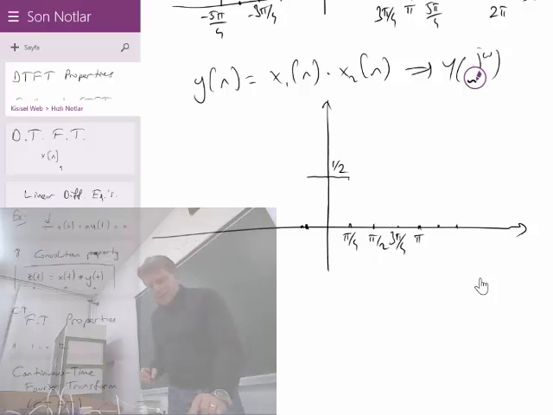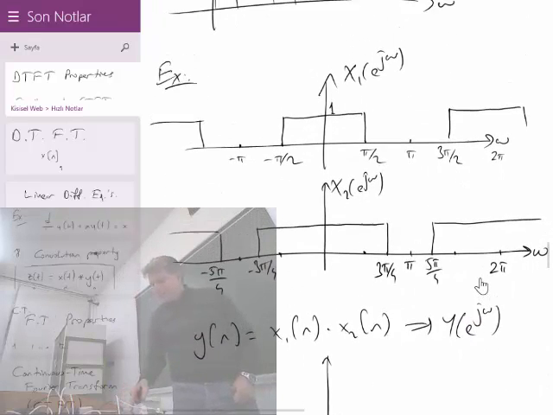And from pi over 4 to 3 pi over 4 here, the value decreases to the half. Why is it now the half, which is 1 over 4? Why is it half? Let's see.